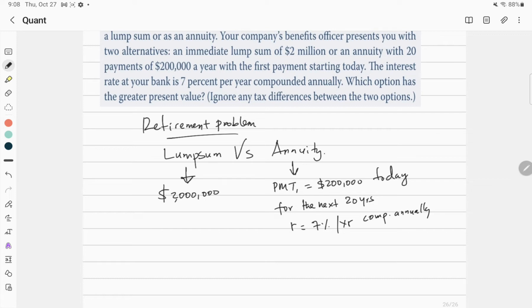Ignore tax; there are no other tax considerations in this calculation. Basically the options are these two.